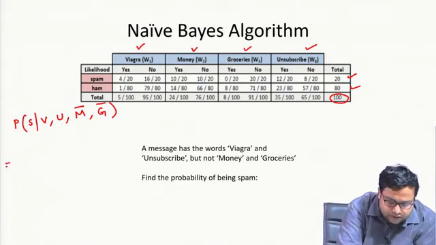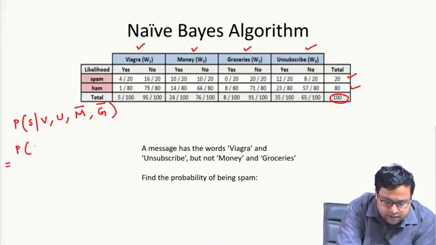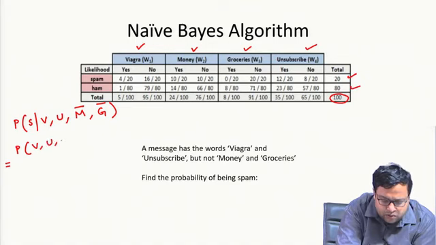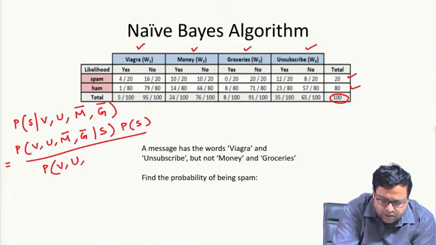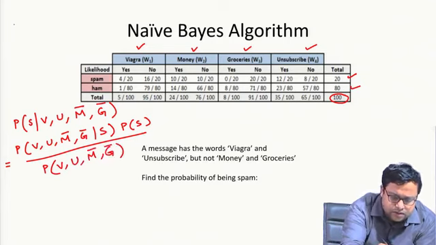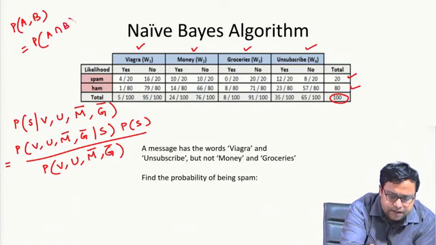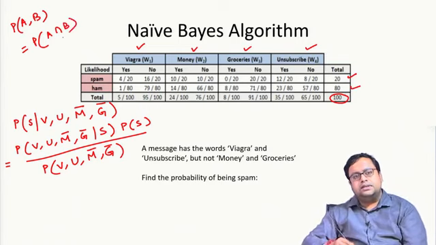If I just follow the normal Bayes formula, this is P of V comma U comma M dash comma G dash given S into P of S by P of V comma U comma M dash comma G dash. Comma means intersection. So, P of A comma B means A and B are both occurring, which is basically A intersection B.